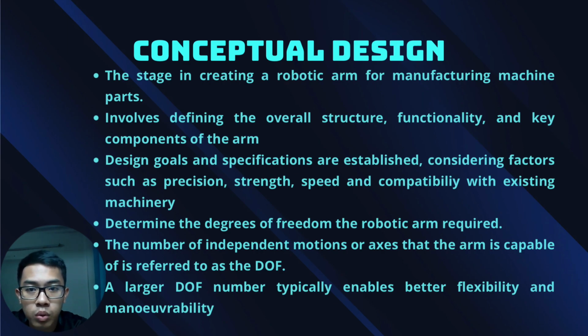To achieve the design goals and specifications, we need to consider factors such as precision, strength, speed, and compatibility with existing machinery. Other than that, we need to determine the degree of freedom, which we know as the DOF, of the robotic arm that is required.